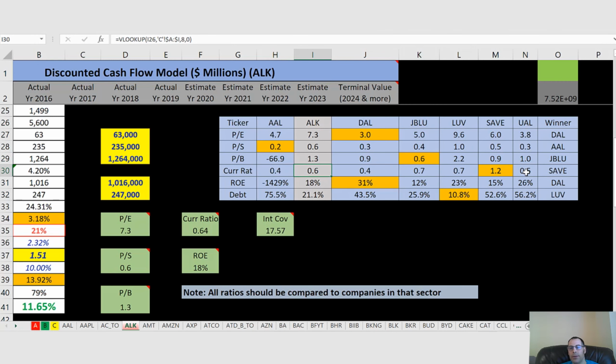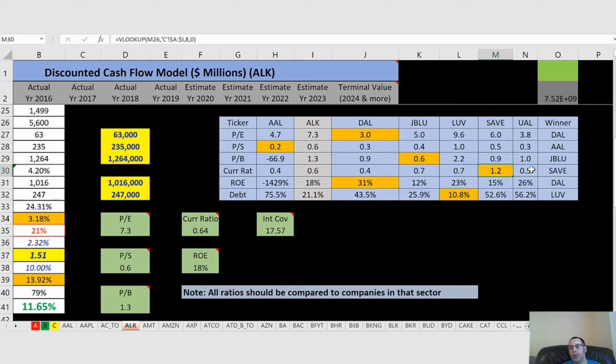Current ratio, Spirit is the only company that has a current ratio above 1. So the rest are operating at a disadvantage. But that will probably pass after coronavirus. They'll probably become more stable and profitable again.